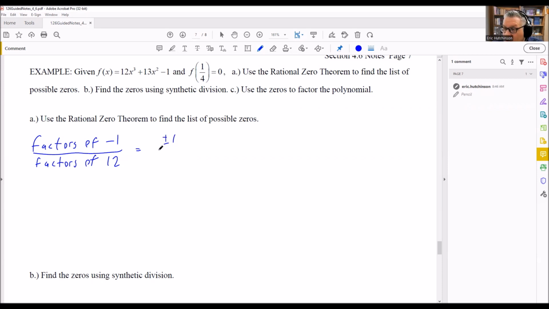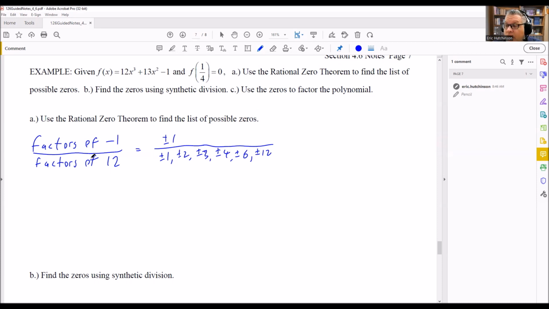So that's the only one on top. On the bottom, we have factors of 12, so plus or minus 1, plus or minus 2, 3, 4, 6, and 12. All 6 of these are factors.